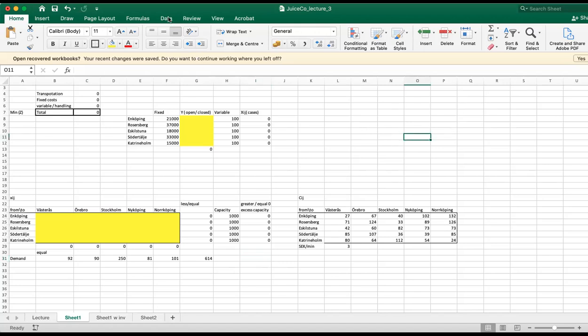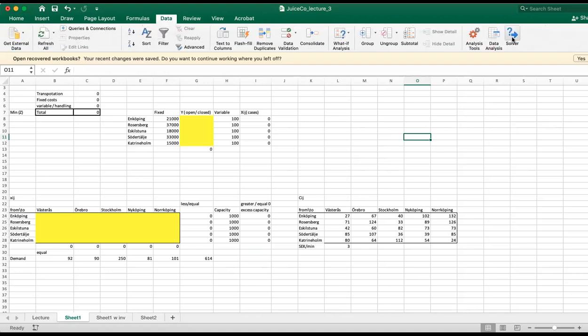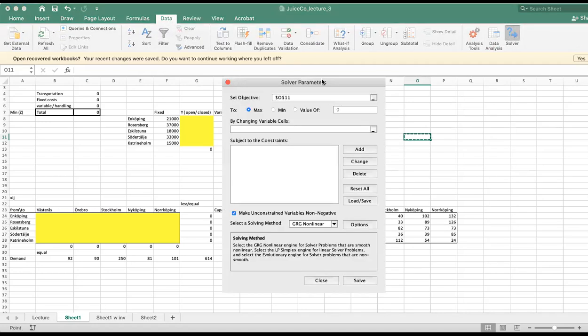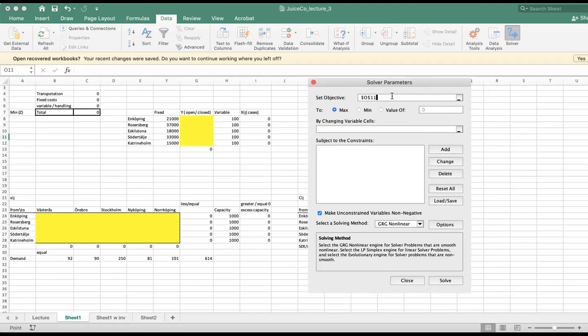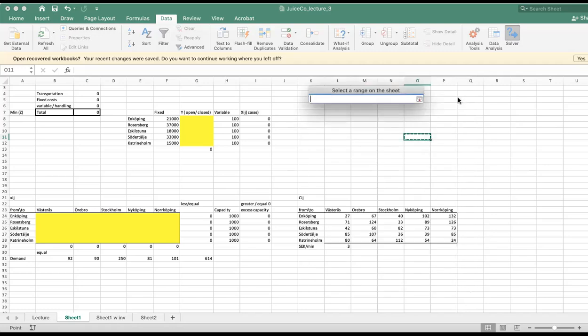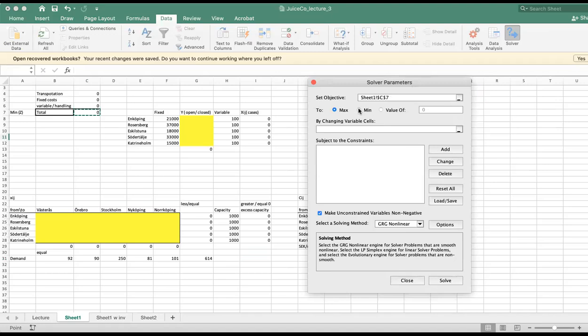So you go to data and then you go to solver. I hope you can see my pop-up. And then solver is going to ask you to set the objective. So I set the objective as this one here, which is the total minimized Z. And then we want to minimize this by changing the values that we don't know, which is this multiplied by that.